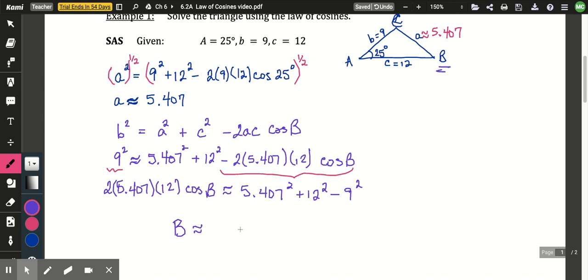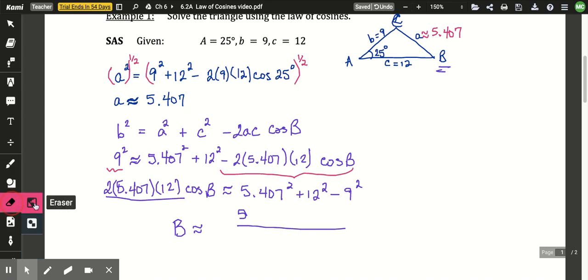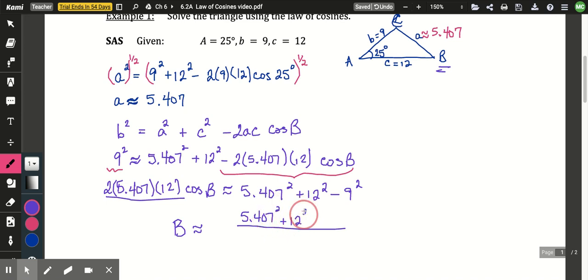The first thing I would need to do to solve for B would be to divide both sides by these things that are being multiplied by cosine of B. That would give me everything that's on the right already: 5.407 squared plus 12 squared minus 9 squared divided by 2 times 5.407 times 12.